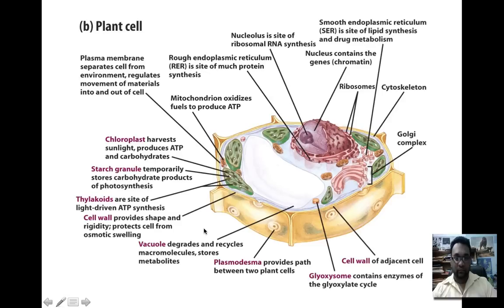And basically the other structures, we have already dealt with them when we looked at animal cells. The only thing I want to point out here is that the vacuole, while in animal cells you tend to see some small vacuoles, in the plant cell you tend to have this one large vacuole that takes up most of the volume of the cell. So that is just something to remember.